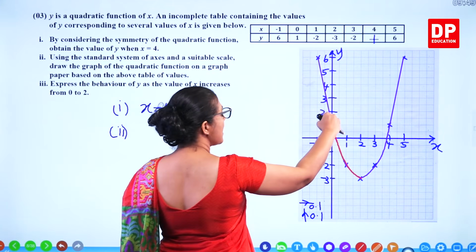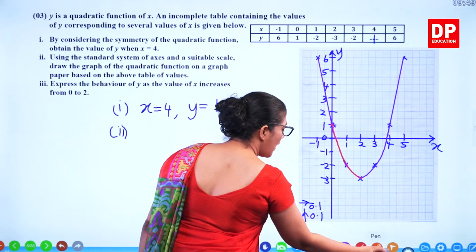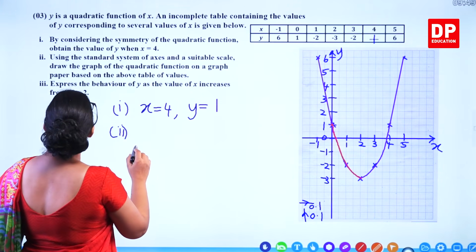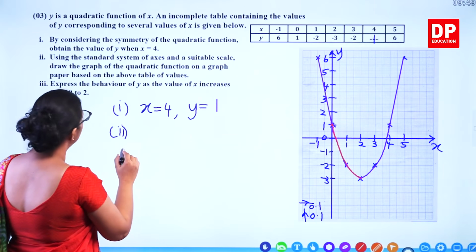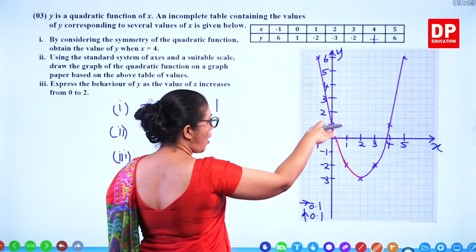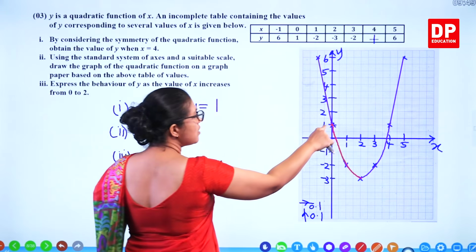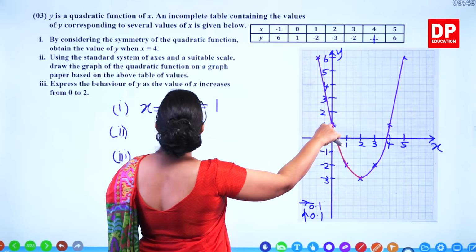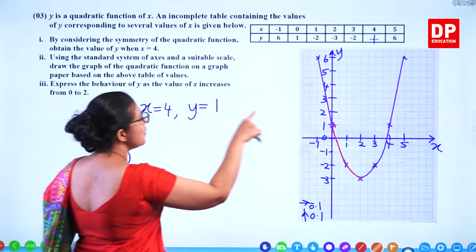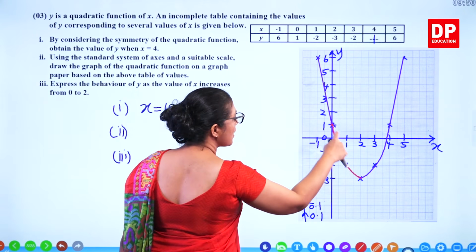So you can say the y value is from 1 to 0, but it's not equal because it says in between. X increases from 0 to 2.